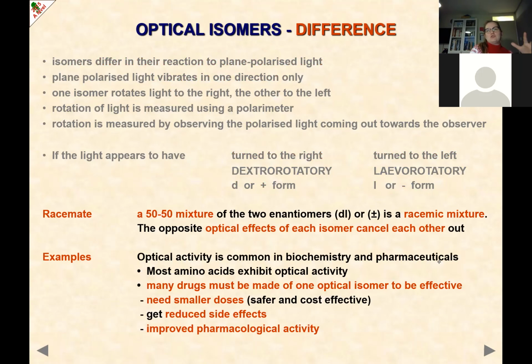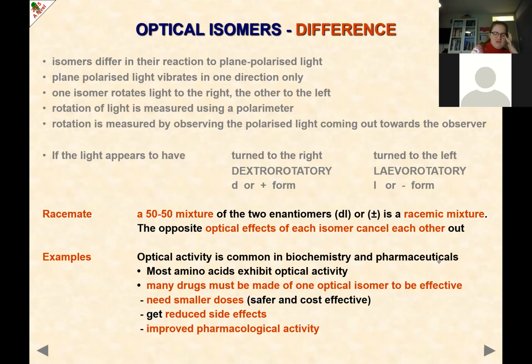And if you remember, last time we talked about racemates. We get quantities of these isomers occurring, and you might get equal or different quantities of them, but most of the time they occur in 50-50 mixtures, and it's very hard to synthesize a pure isomer of just one type.